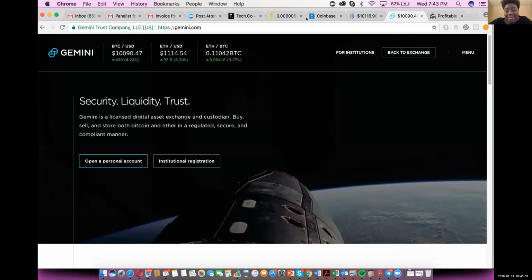And that's important to know too, right? Security is extremely important when it comes to this space. Whether you're setting up a Gemini account or a Bittrex or a Binance or whatever, all of these exchanges have two-factor authentication, meaning it's kind of like having two forms of ID to get into your actual account, right?